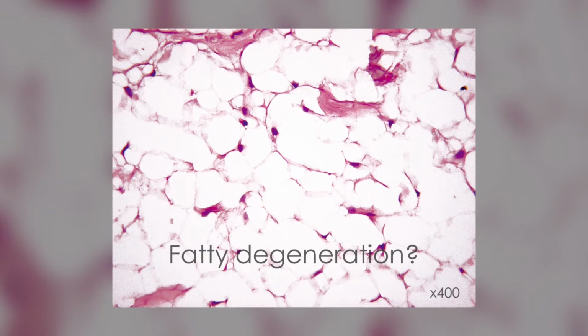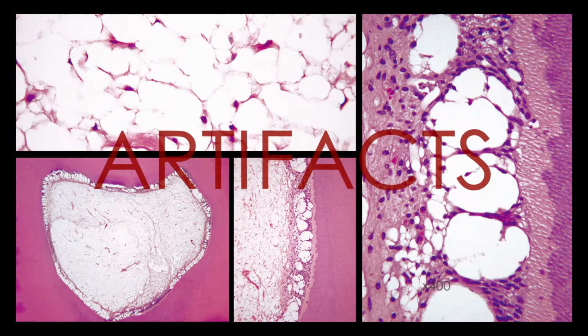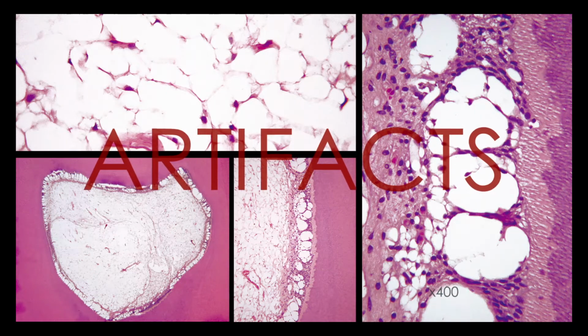Now, in the pulp tissue there is no fat, so it is evident that there was a misunderstanding. What are simply histologic artifacts were misinterpreted as pathology. And you understand very well that if you come to a conclusion after this observation, you may be totally wrong.